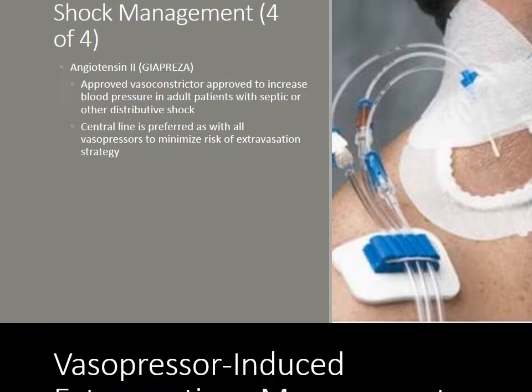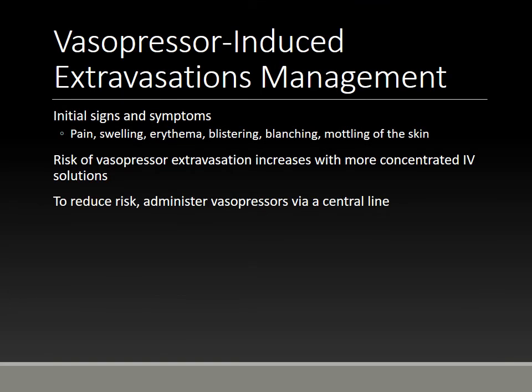Extravasation is pain, swelling, erythema, blistering, blanching, or mottling of the skin, and it usually comes from administering a vasopressor with a peripheral IV. Risk of extravasation is much more likely with a peripheral IV.